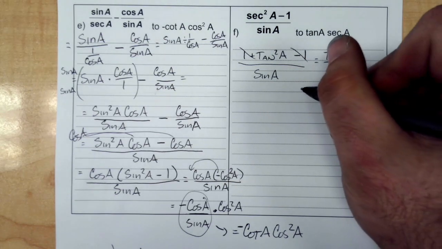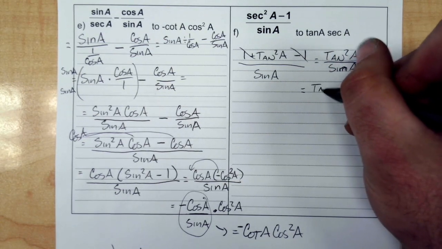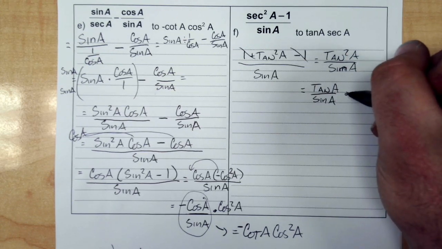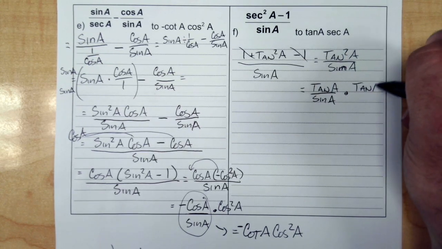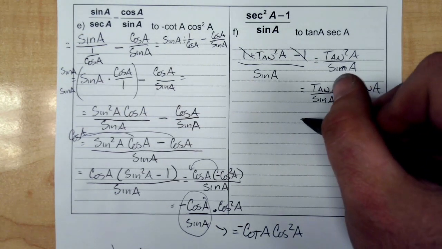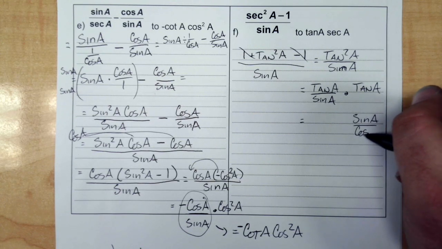Tangent squared we could express as tangent times tangent. So this could actually be the tangent of an angle over the sine of the same angle times another tangent of that angle. But then tangent could be written as sine over cosine.